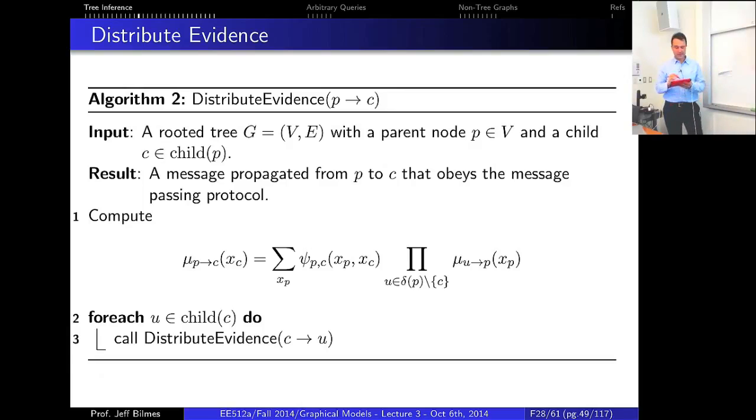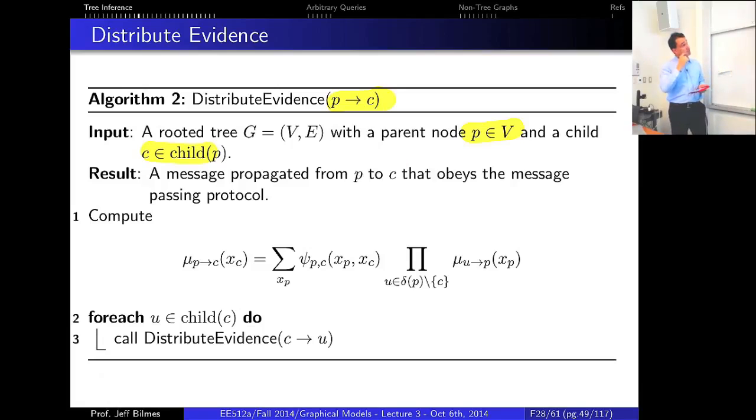Distributed evidence is sort of the opposite. It's again a routine that has two arguments, P and C, a parent and a child. And the result is a message propagated from the parent to the child.